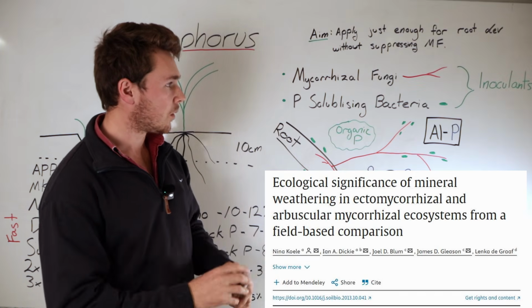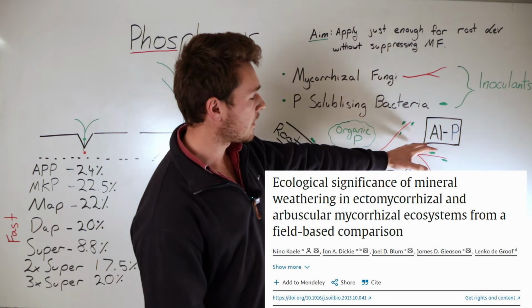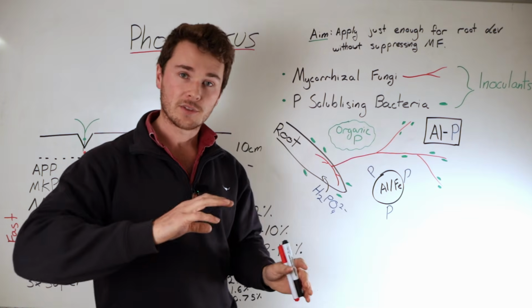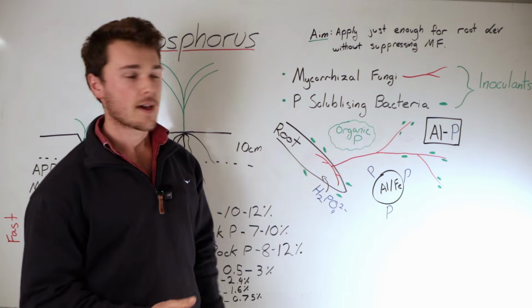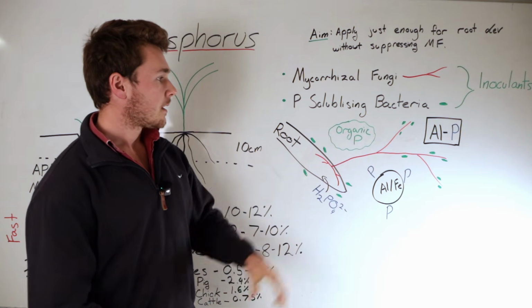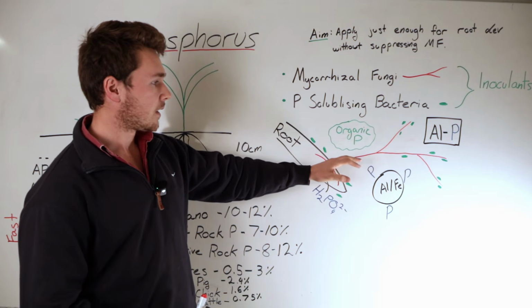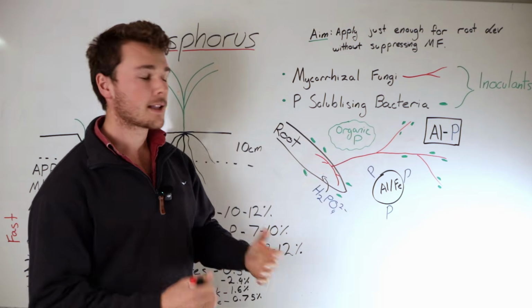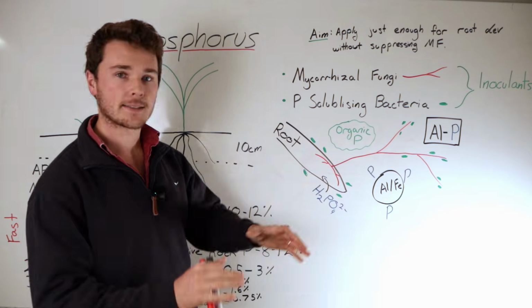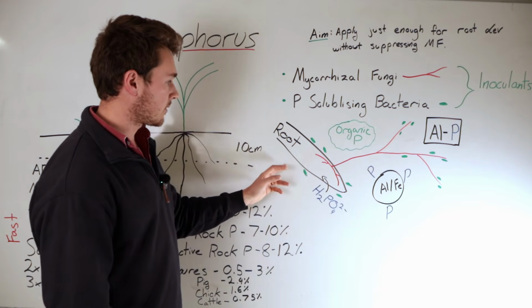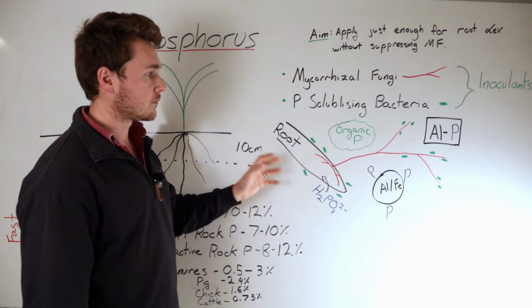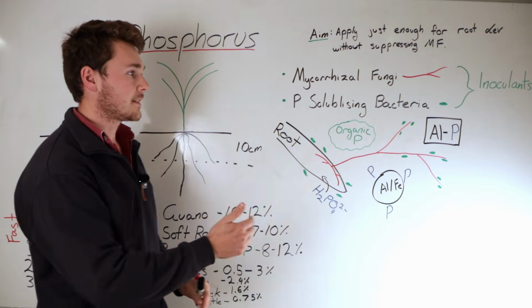Because they're so small, they can get into these mineral components. They effectively drill into the minerals and access phosphorus that way to then supply it to the plant. Because of the size of the mycorrhizal fungi hyphae, they can also access different nooks and crannies within the soil to a greater extent than our plant roots. So again, that's super important for accessing more phosphorus.